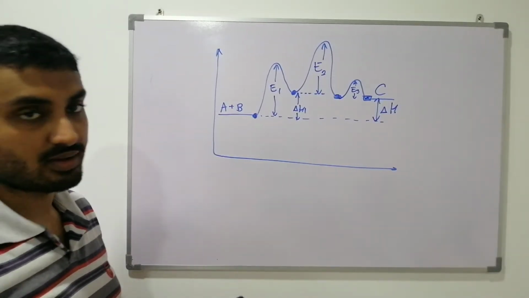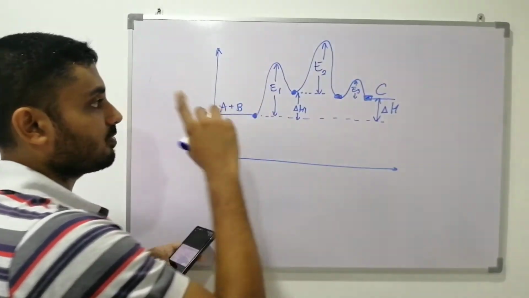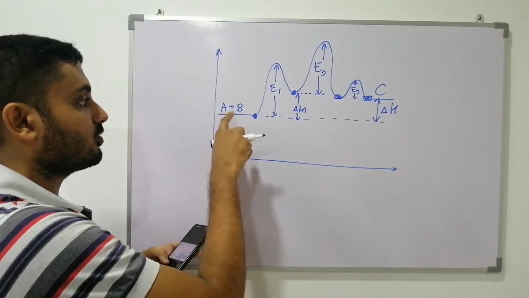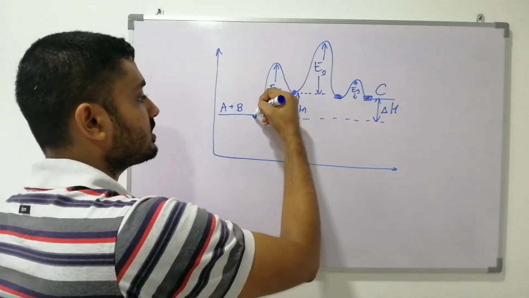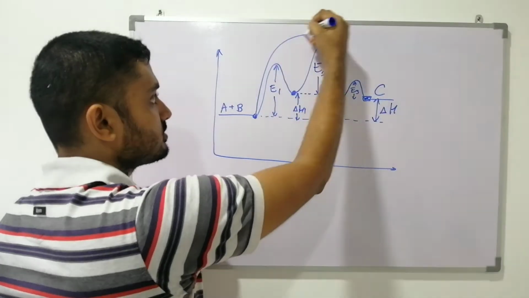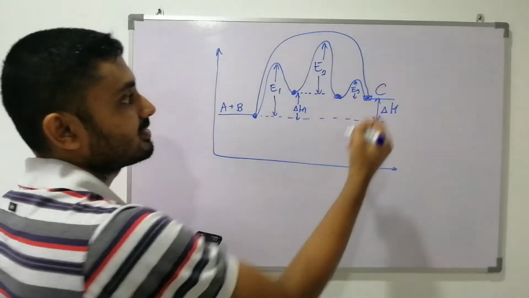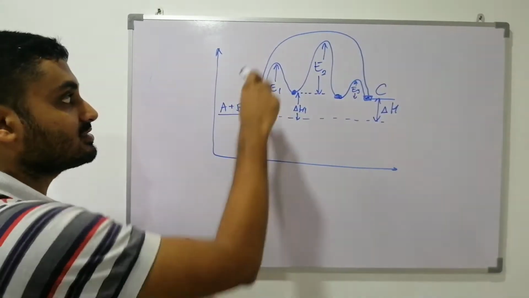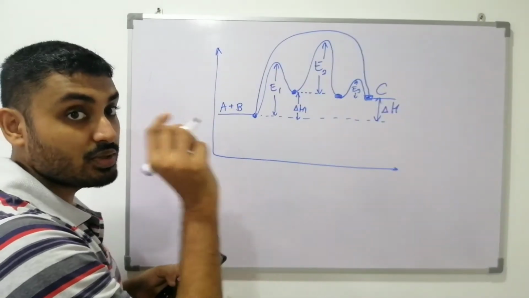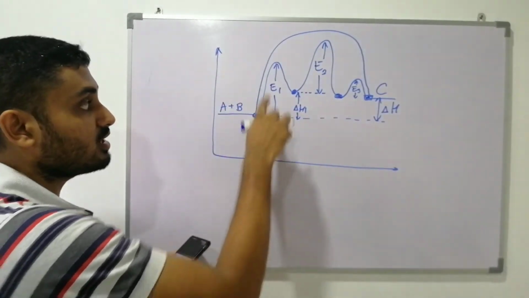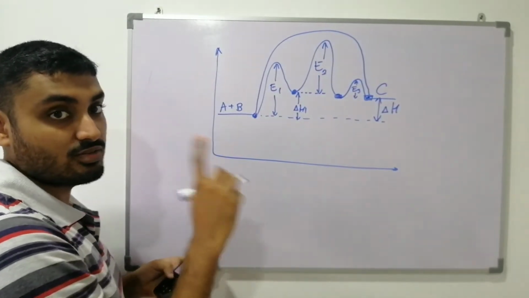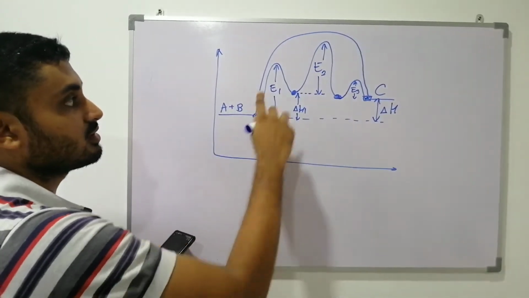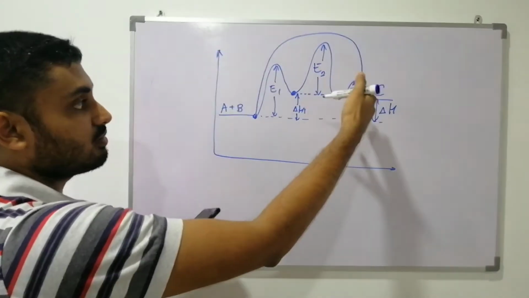So what is correct about this energy profile? What is the activation energy of forming C from A plus B? This activation energy should look like this, and it can never be smaller than any of these steps, because it has to be larger than most of them.